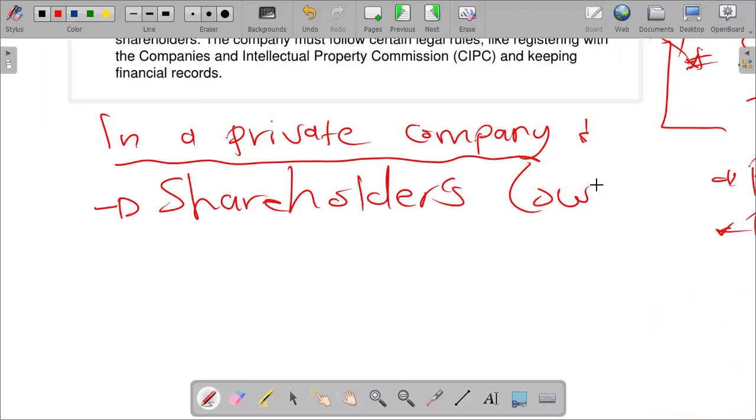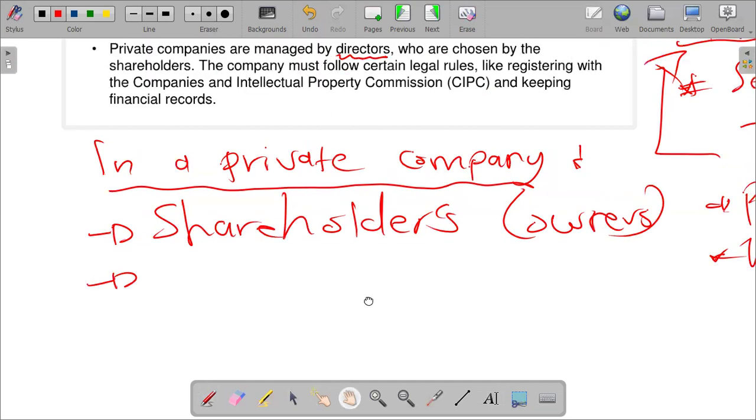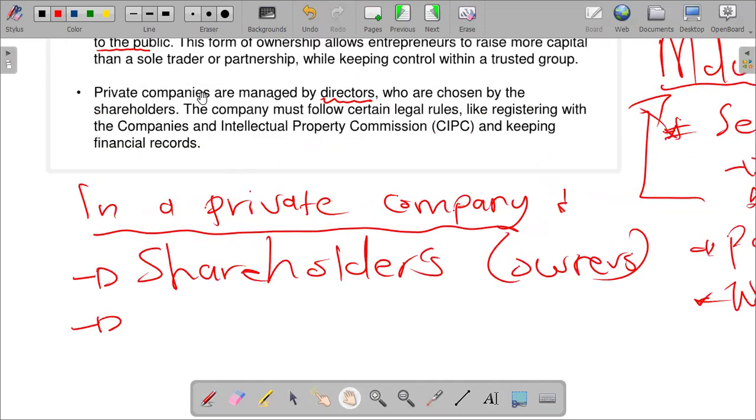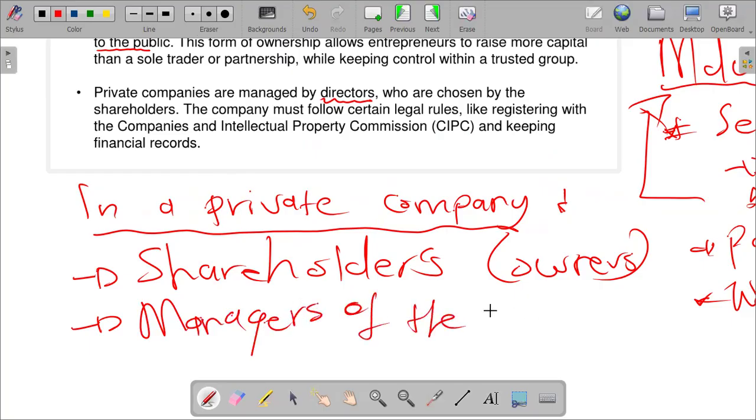These are practically the owners of the company, but they do not run or manage. Who runs or manages? Private companies are managed by directors. They manage the funds, the debts. So these may be CEOs or not CEOs, the managers of the company.